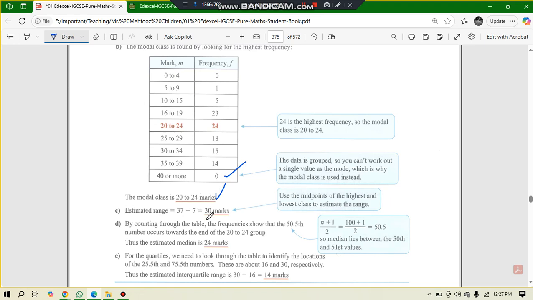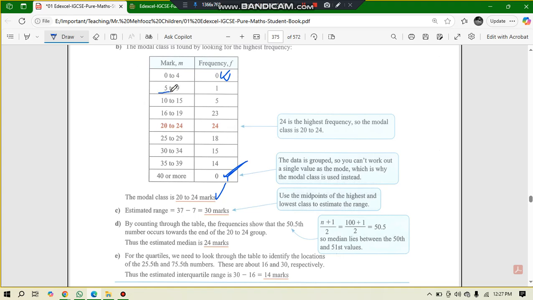You use the midpoint of the highest and the lowest class to estimate the range. There is zero frequency in the first class, so we don't use it, and also we don't use this one, right? Because their frequency is zero.